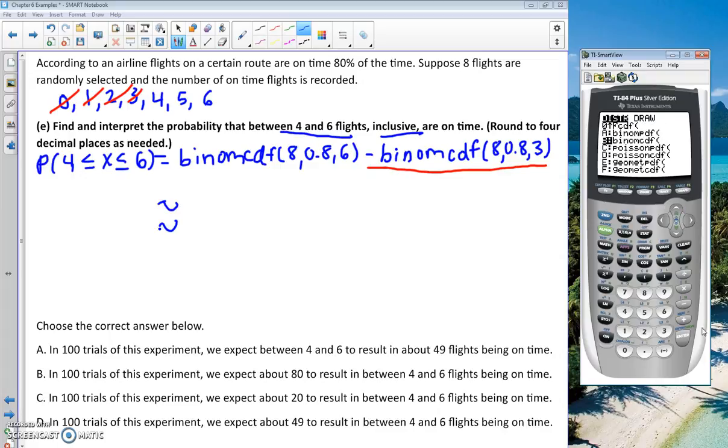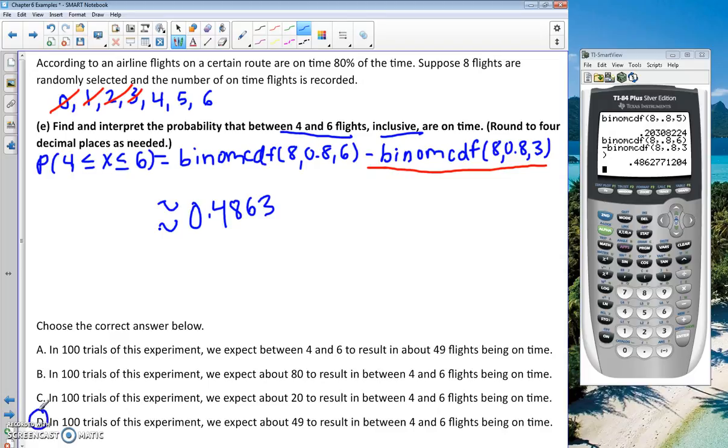Or we can add 4, 5, and 6 together, but that gets a little tedious if you were looking at several of those. If we're looking between 1 and 8 inclusive, that would take a bit more. If we're looking at like 100 flights or something like that, that may be more difficult. So we're looking at 0.4863. In this case, we say in 100 trials, we expect 49 of them to result in between 4 and 6 flights being on time.